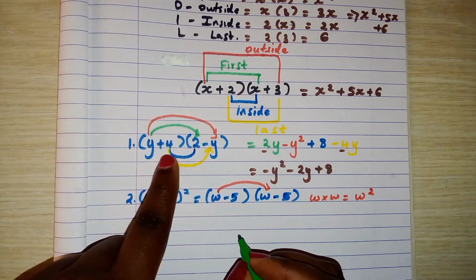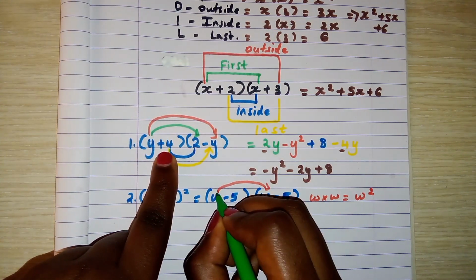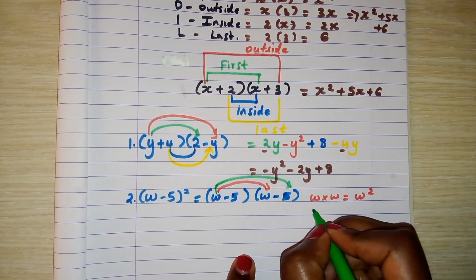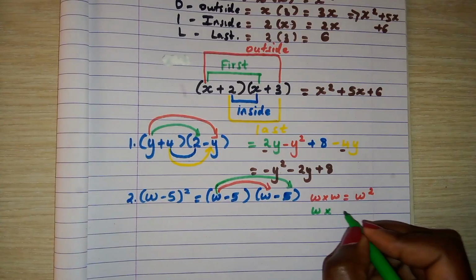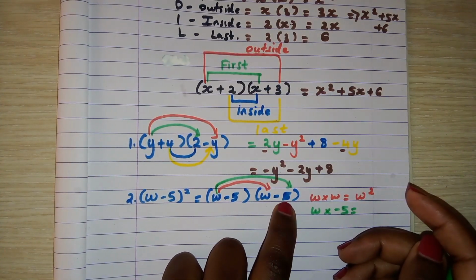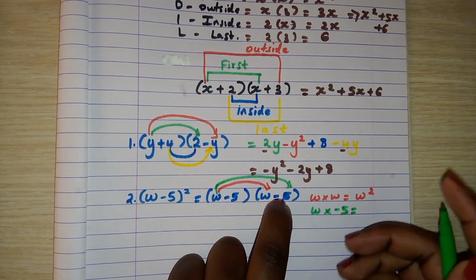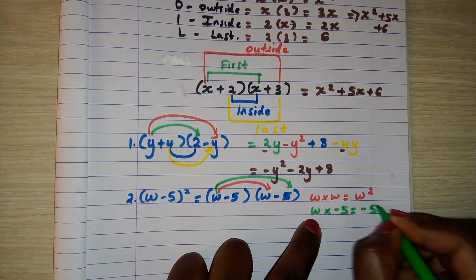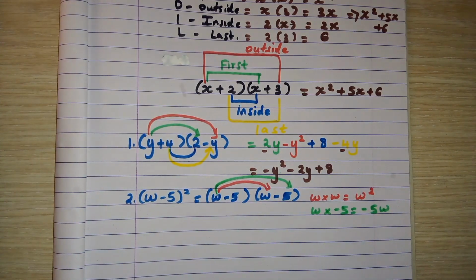Now we go to outside. We have that w and negative 5, so w times negative 5. We always take the sign before the number. When you're taking the number, you take it with the sign before it. W times negative 5 will be negative 5w.